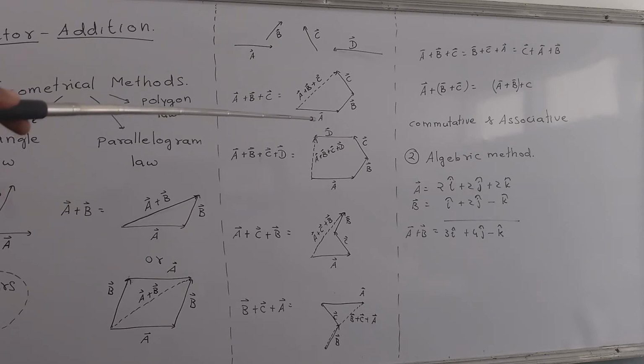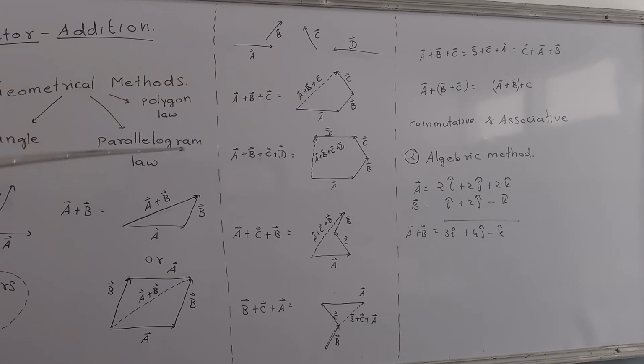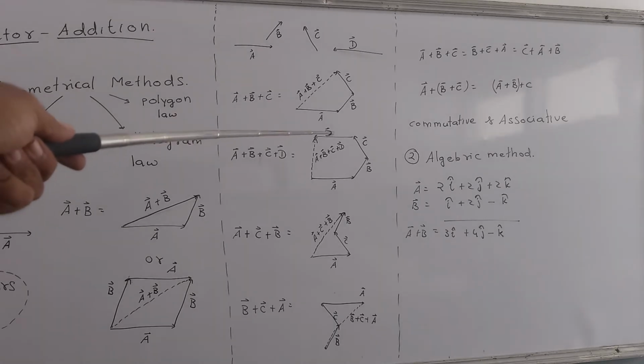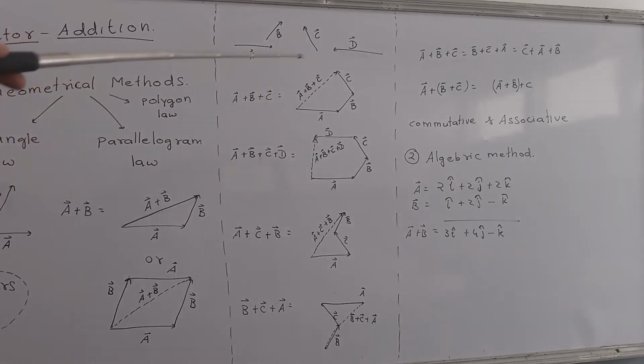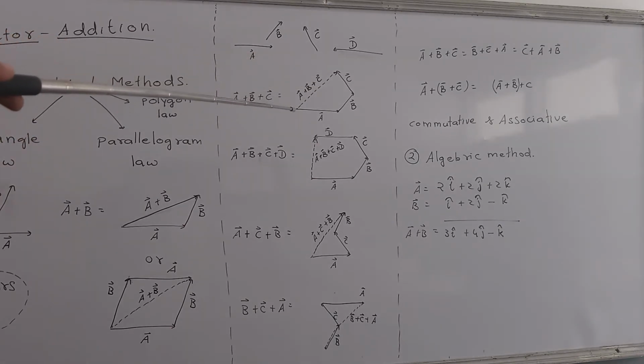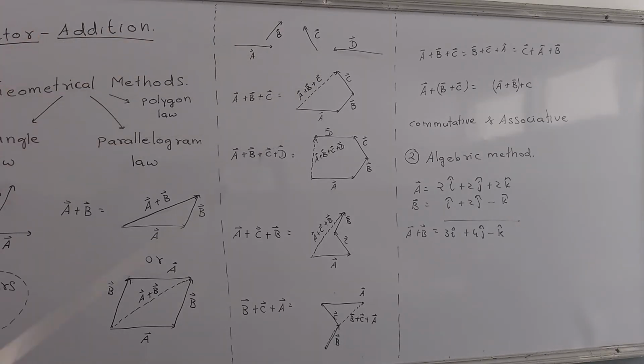The point at which you find the head of A, from there you have to draw vector B, and from the head of B you have to draw the third vector, that is vector C. That is in the same order, A plus B plus C. This is A, where it ends, draw vector B, where it ends, draw vector C, and then you have to join the initial point of your drawing to the final point of your drawing. This will be vector A plus vector B plus vector C. Now how to add four vectors?